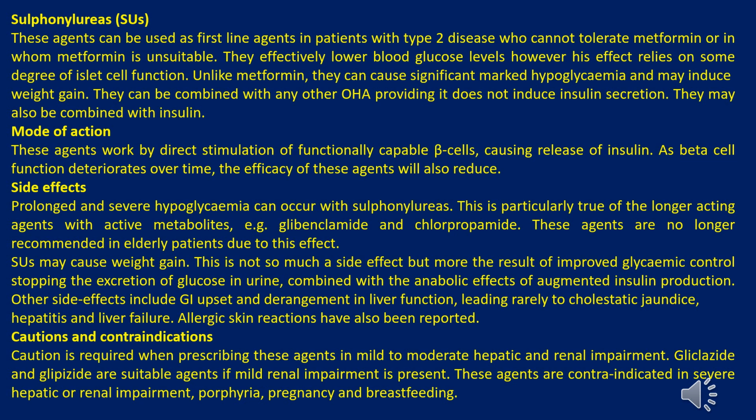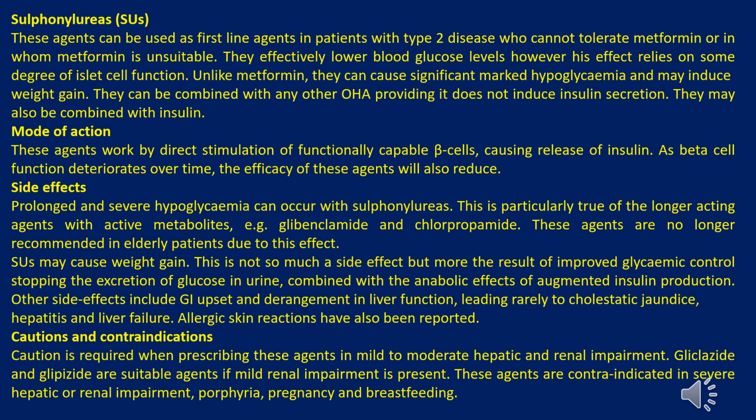This is not so much a side effect but more the result of improved glycemic control stopping the excretion of glucose in urine, combined with the anabolic effects of augmented insulin production. Other side effects include GI upset and derangement in liver function, leading rarely to cholestatic jaundice, hepatitis and liver failure. Allergic skin reactions have also been reported.